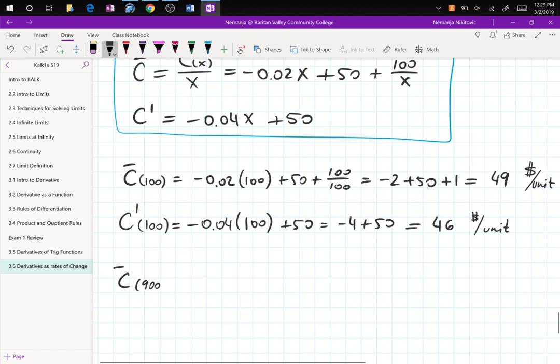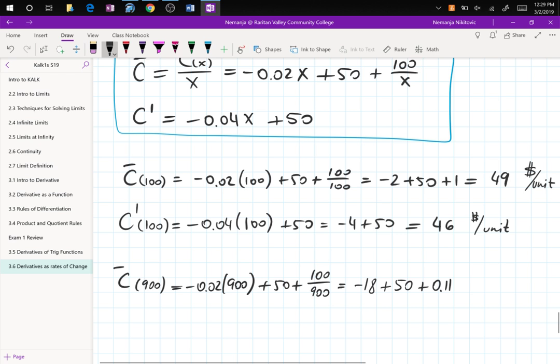So if I have 900, that's going to be negative 0.02 times 900 plus 50 plus 100 divided by 900. So now this is negative 18 plus 50 plus, and 1 divided by 9 is 0.1111 goes forever.